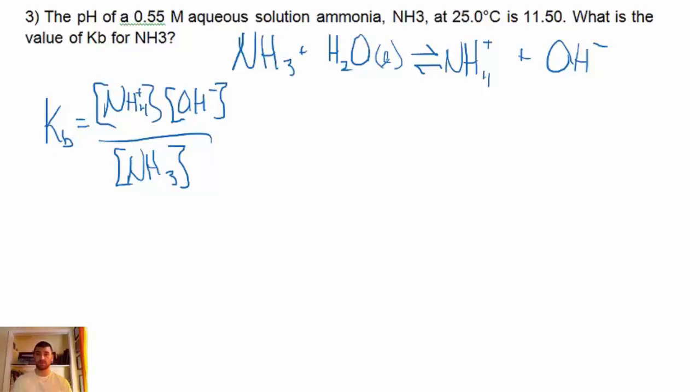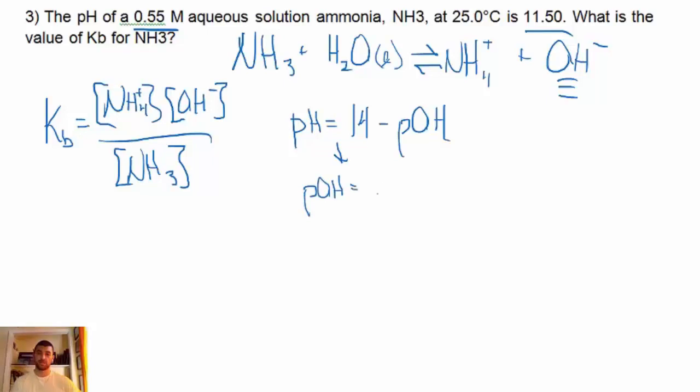The first thing we need to figure out is, they gave us a pH and a molarity. So we can use that pH to figure out how much OH minus we have. You've got to remember, pH is equal to 14 minus the pOH, or, with a little algebra, pOH equals 14 minus the pH.